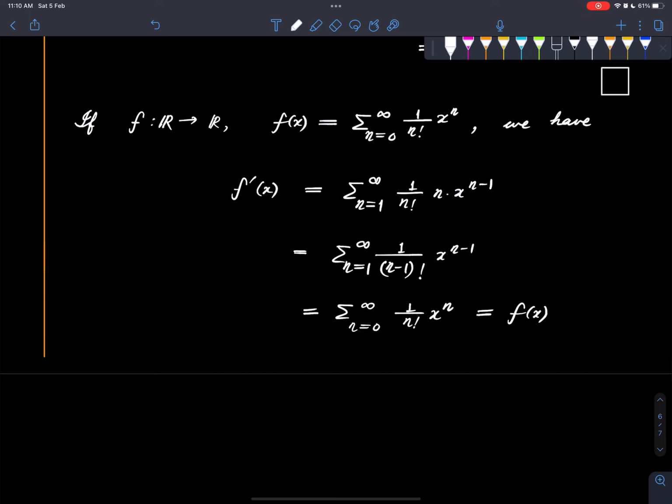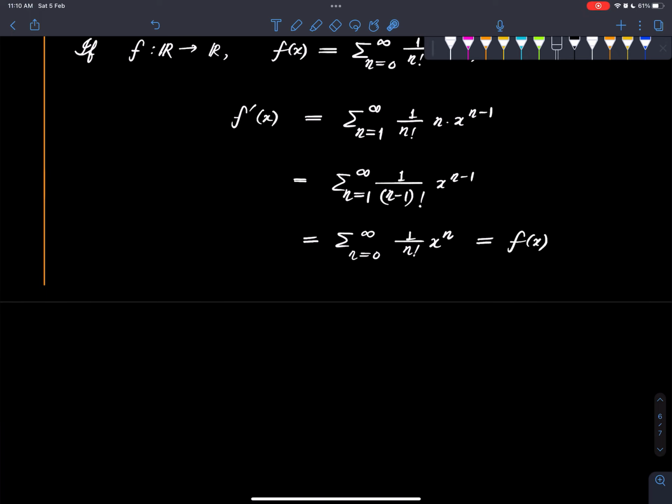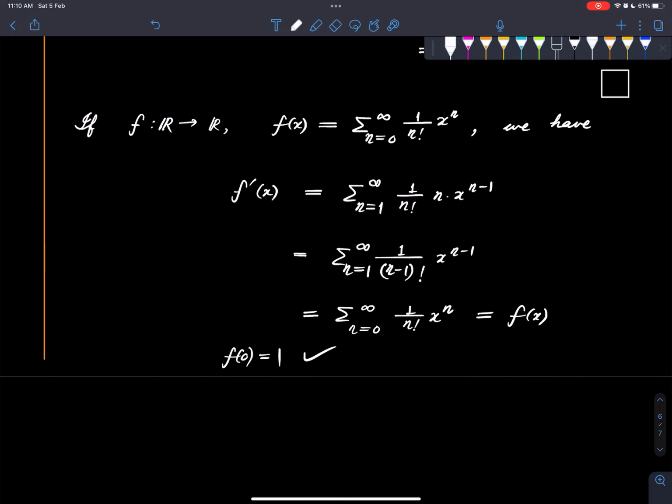So it does satisfy the condition that f prime equals f, and f of 0 is clearly equal to 1. This is obviously true, and hence we have indeed found a function which satisfies both those things.